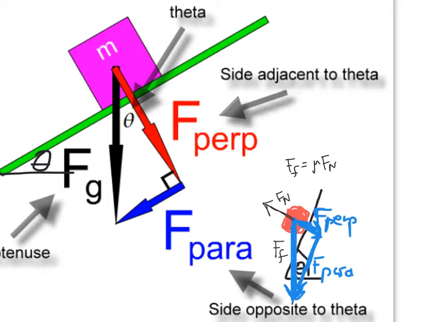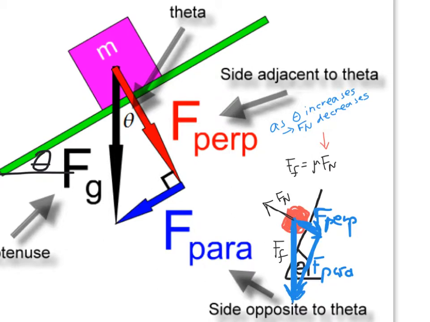So my point here is that as the angle goes from a small angle to a large angle, you're going to notice that Fn gets smaller. And the reason for that is because F perp is getting smaller, and they're equal and opposite. So F perp has begun to shrink, and Fn is going to shrink in kind. That means you're going to be getting a smaller value for Fn as the angle theta increases.